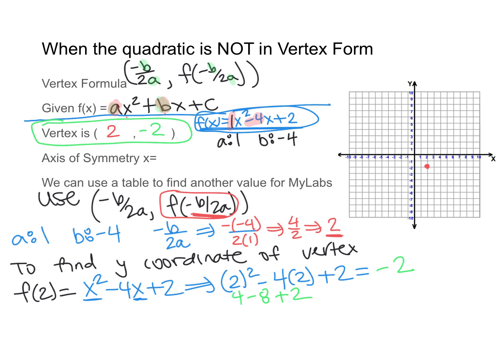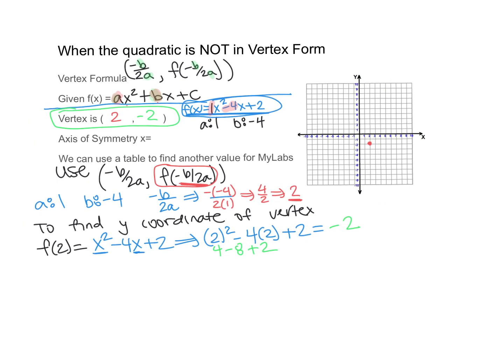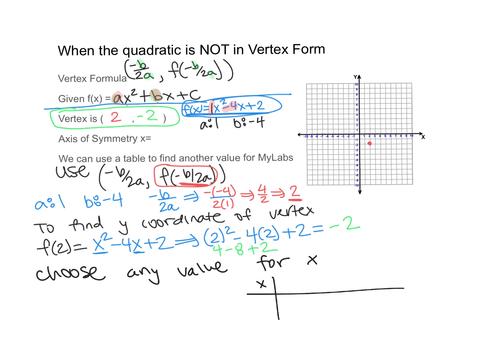And then as far as it goes for my labs, I would want to come up with one more ordered pair. So I would choose any value for x to get that last coordinate, right? You could even make a small table if you wanted. I would have x, then x squared minus 4x plus 2, and then the y, and then x comma y.